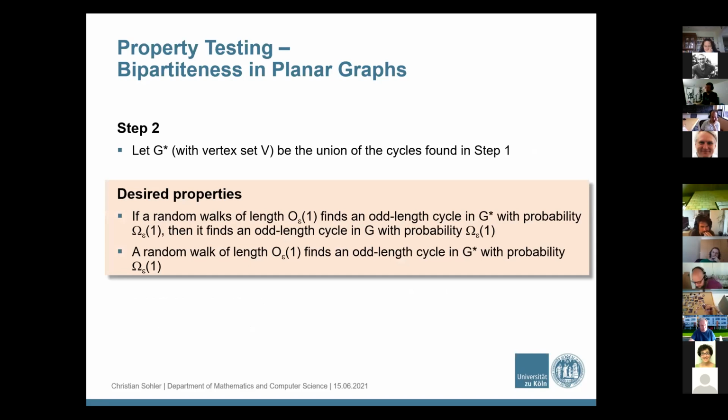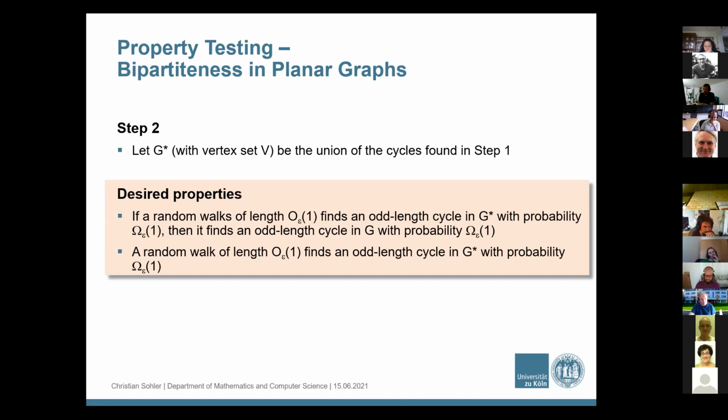And then in the second step, and that's the main reduction, we want to design a graph G star, which has the following two properties. The first property is that if I'm doing a random walk of constant length on G star, and if this random walk finds an odd length cycle in G star with constant probability, then it also finds an odd length cycle in G with constant probability.